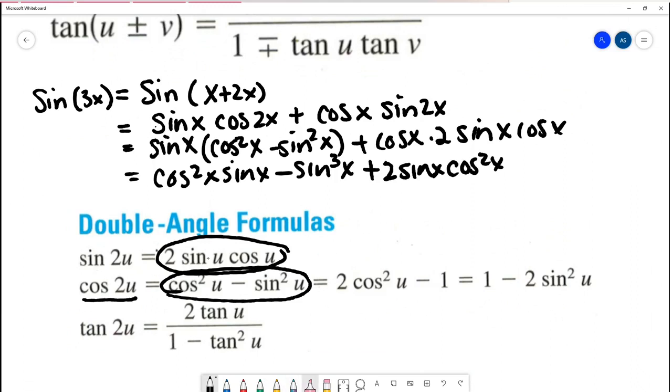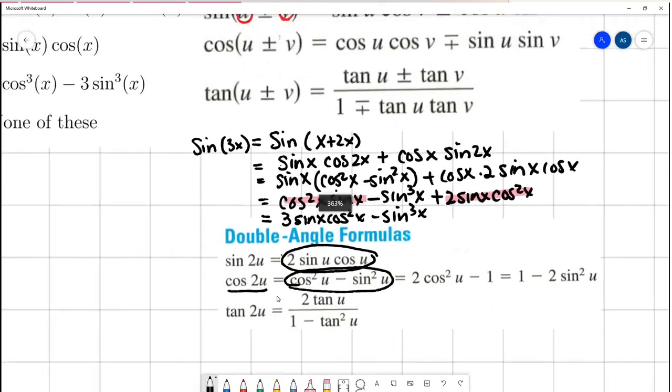And now I can combine these two like terms together, and that will give 3 sine x cosine squared x minus sine cubed x. And I believe that's one of the choices. Let's look back at those choices.